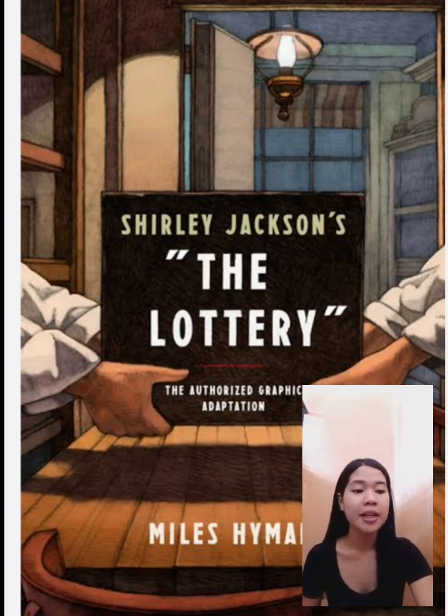For example, the image of children stacking stones and the initial conversation between Mrs. Hutchinson and Mrs. De La Cruz seem like unimportant details during the first reading, but become horrifyingly important once one knows the ending twist. Second, I wanted them to think about how the narrator builds suspense throughout the story.